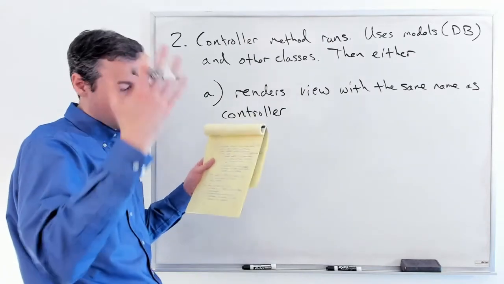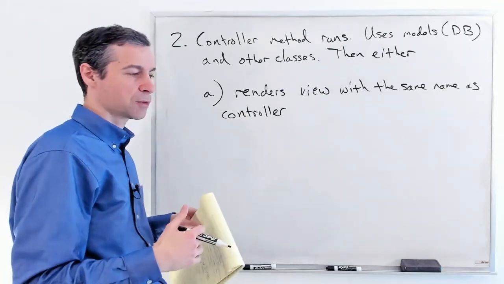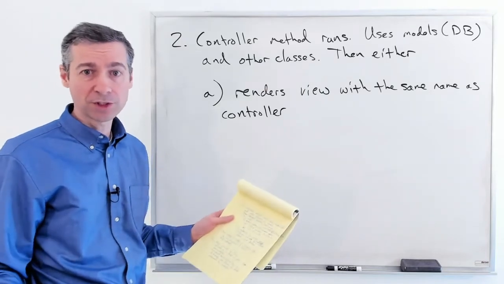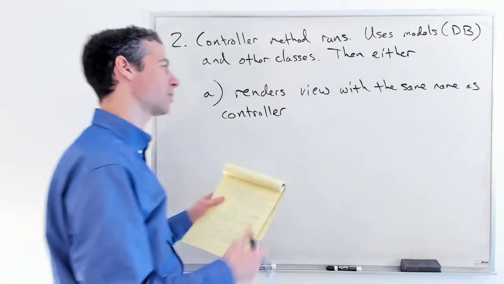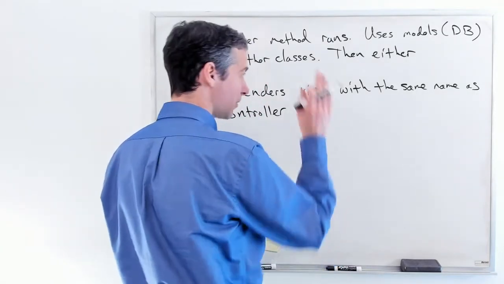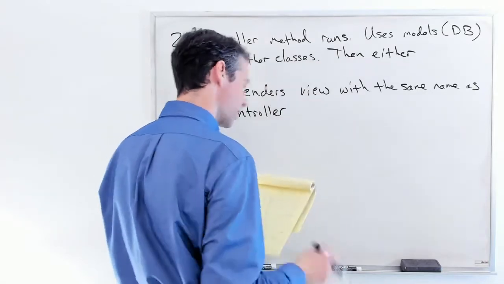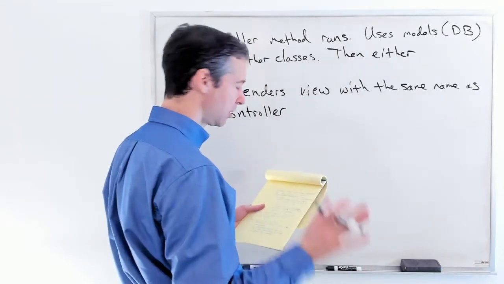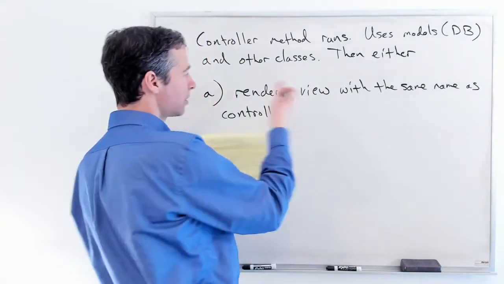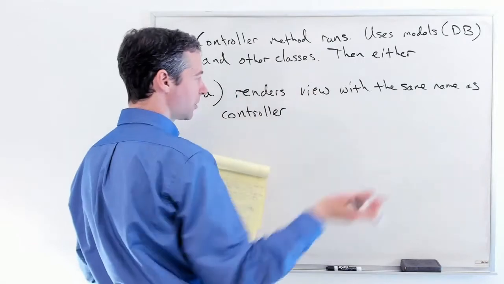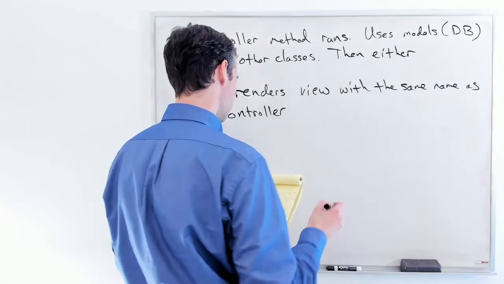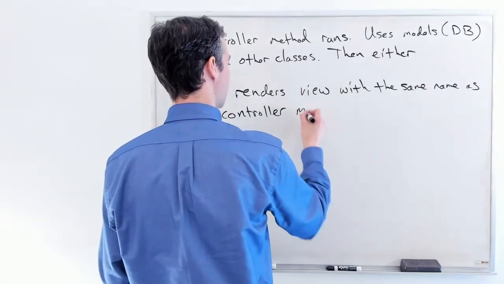If this was the show method, it would be rendering the show view. It's just a convention. Rails loves to do tons of stuff by convention rather than configuration. So rather than you saying wire up this controller with this view, it just defaults to the one with the same name as the controller method.